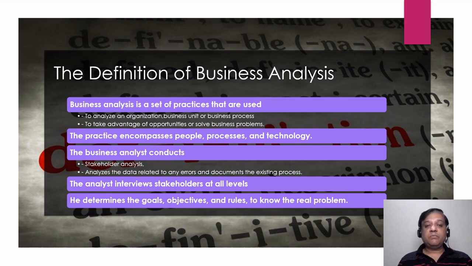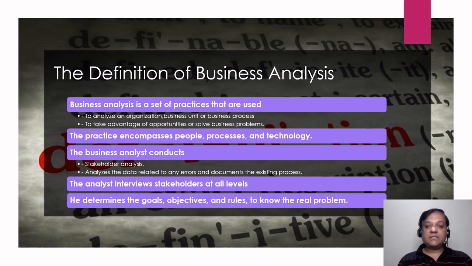Operational changes may come about because of new business rules, policies, or even external drivers, such as regulatory changes. Now, business analysis may also apply to a project, which is a process that enables change.